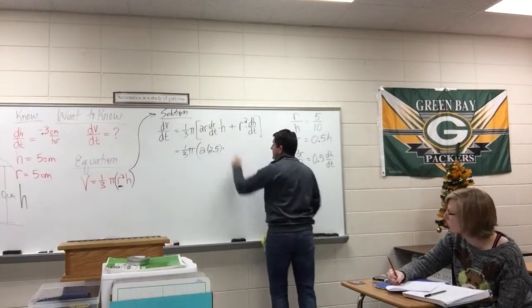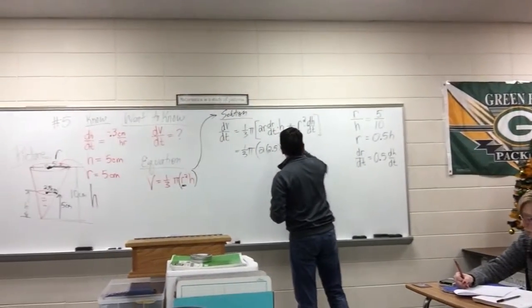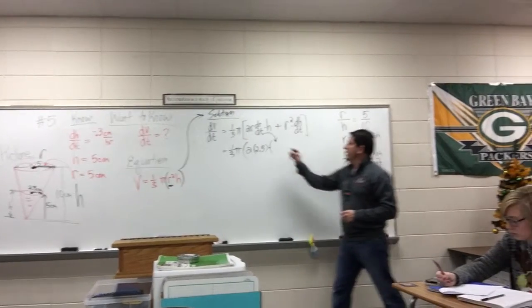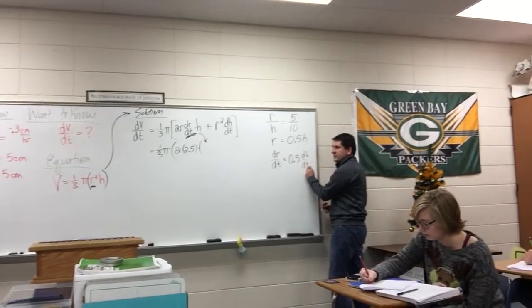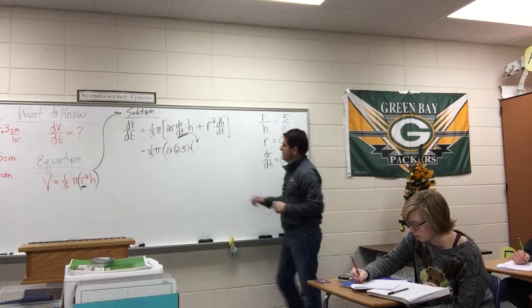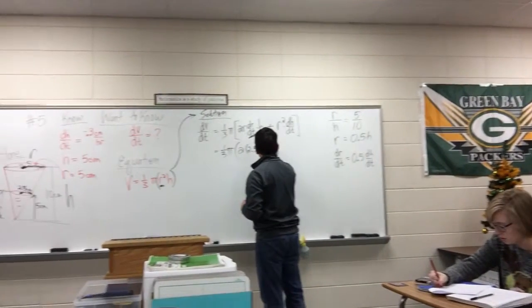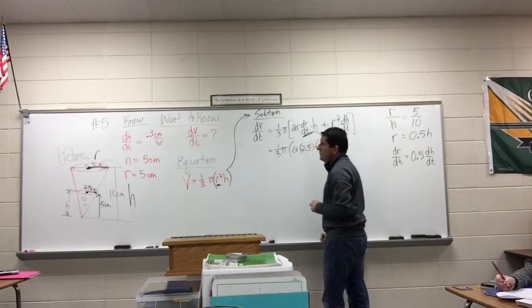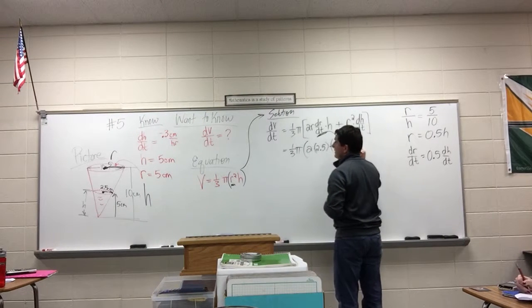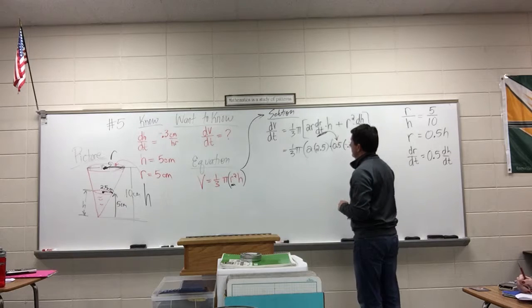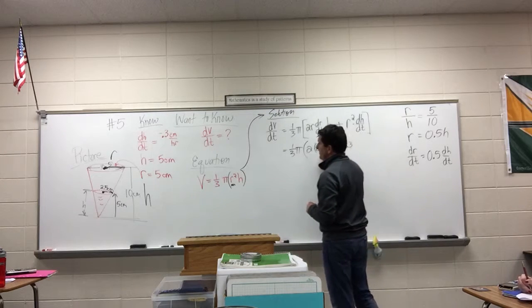Okay, so dr dt, this one right here, is actually 0.5 times dh dt. So I'm going to put in 0.5, and we knew what dh dt was. It was negative 0.3. And I should put some units in here.